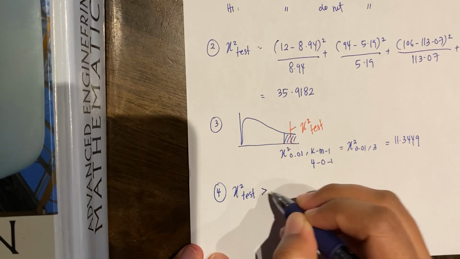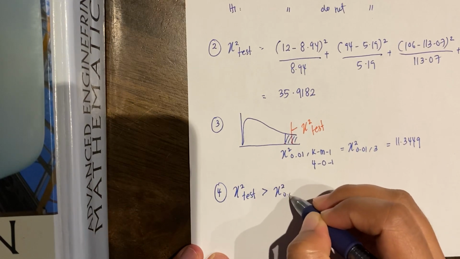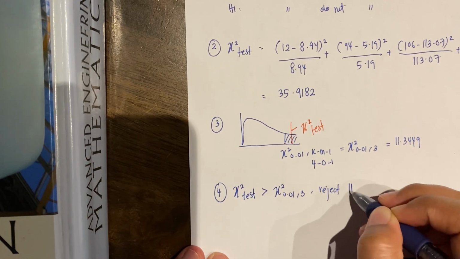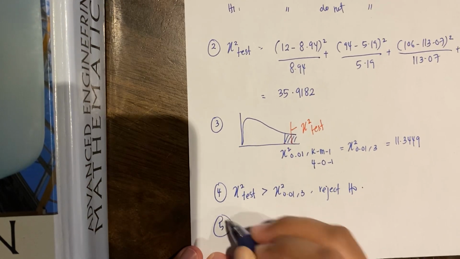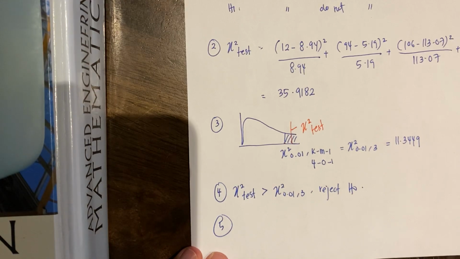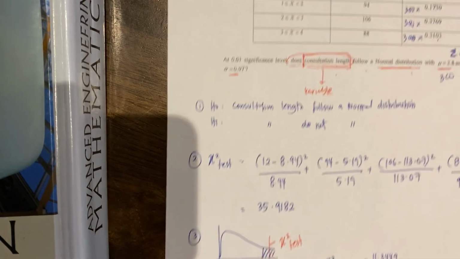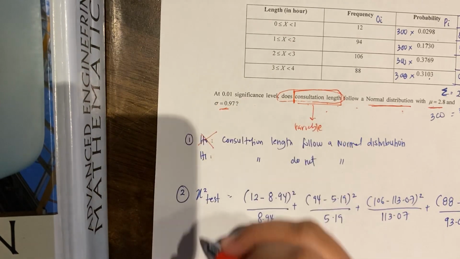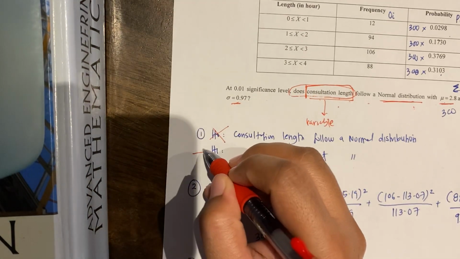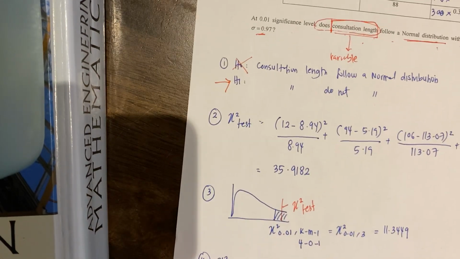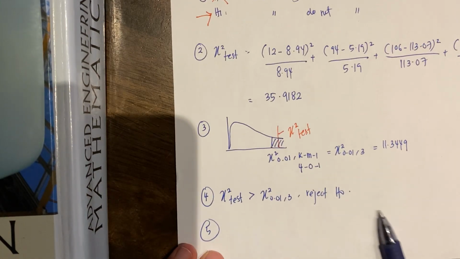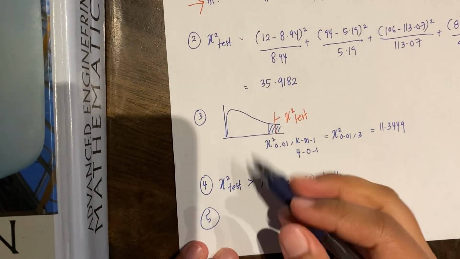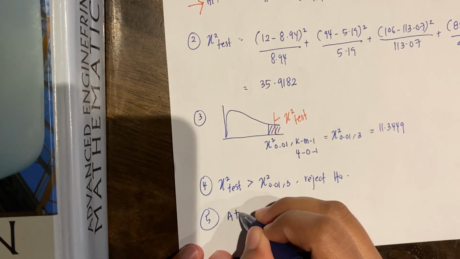Chi-square test greater than critical value, then reject H null. Reject H null means we say no to the null hypothesis, so we support H1. So step 5, conclusion: you can write the statement of H1.